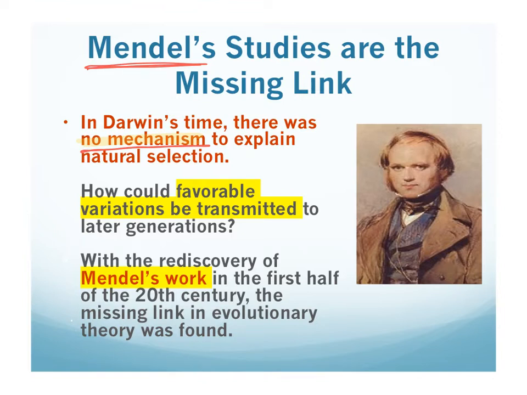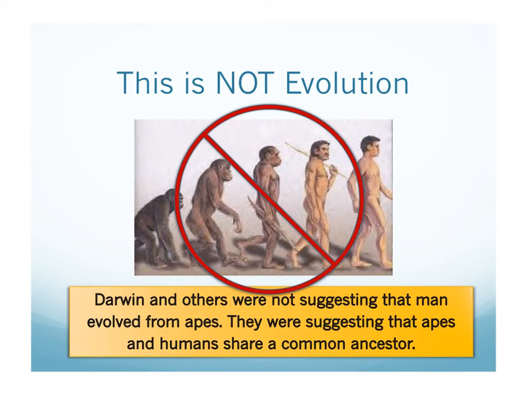He was asking how variations could be transmitted to later generations. Mendel knew that the variations were actually called traits. So it was Mendel's rediscovery of his work in the 20th century in which evolutionary theory kind of became founded.